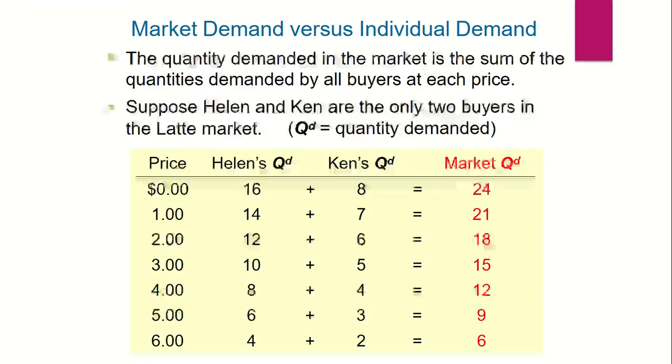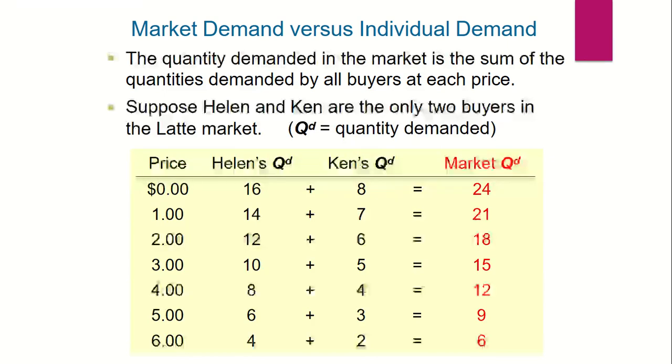So you take all these different people and add up their quantity demanded at different prices, and you have the overall market demand. Obviously Helen and Ken are purchasing different quantities that they want at different prices.